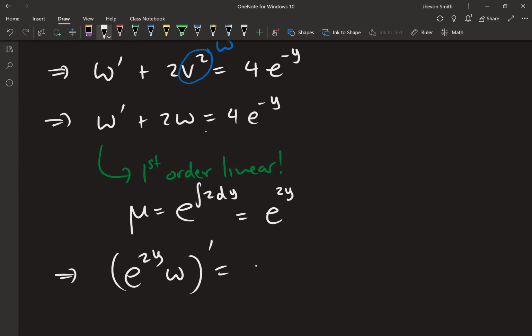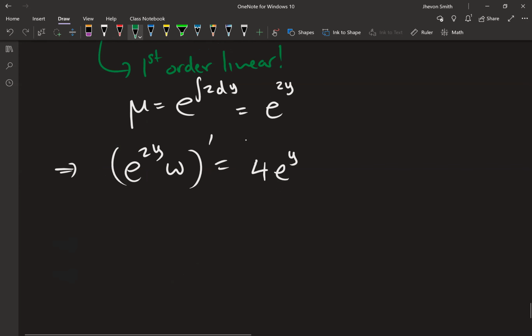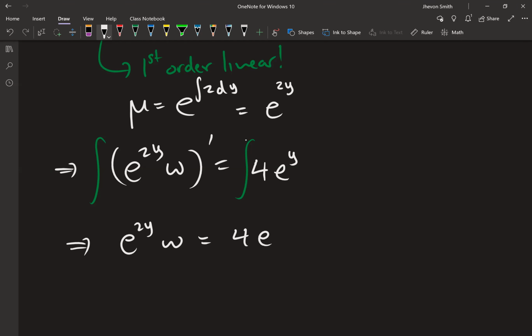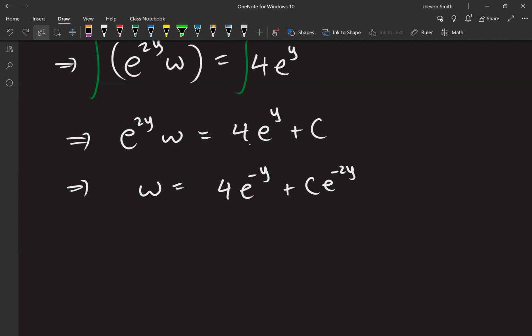Over here, if I multiply by e to the 2y, I would get 4e to the y. Going to integrate both sides. Going to get e to the 2y w equals 4e to the y plus a constant. This means that my w is equal to 4e to the minus y plus ce to the minus 2y.